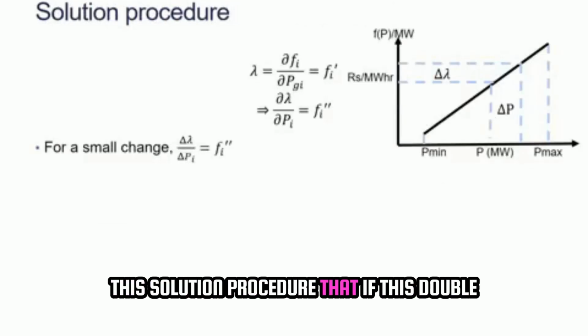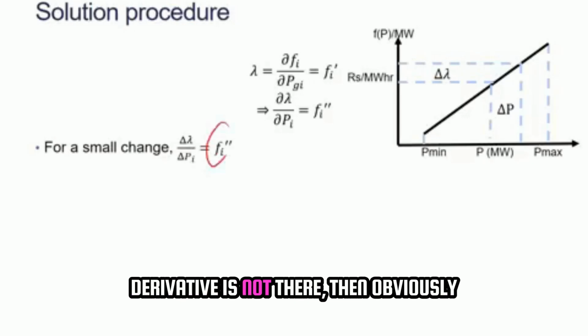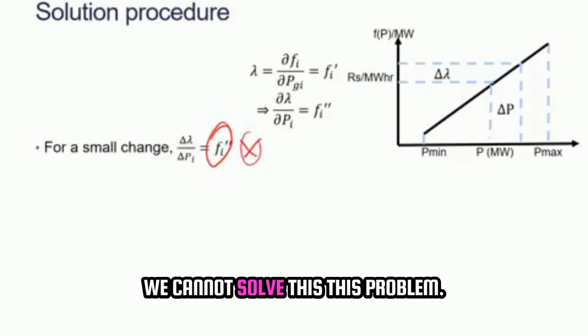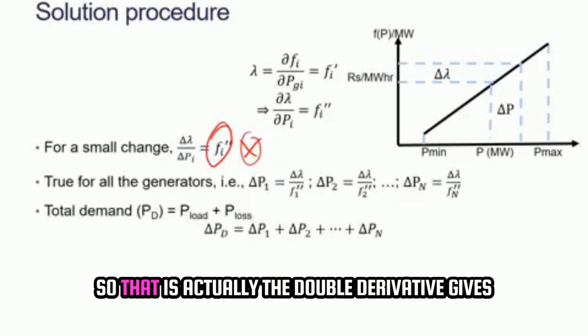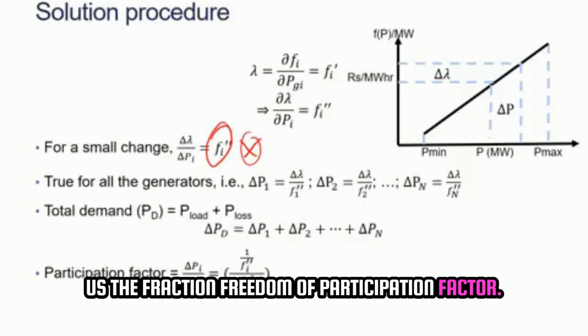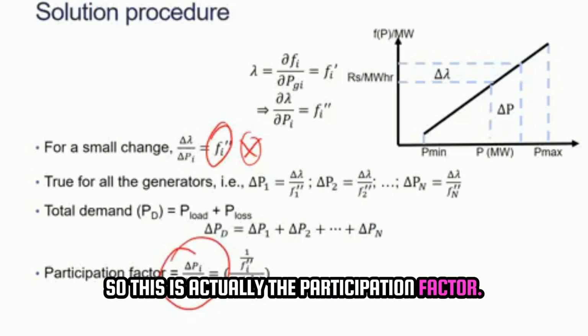So this is what we saw. Using this solution procedure, if the double derivative is not there, then obviously we cannot solve this problem. The double derivative gives us the freedom of the participation factor. So this is the participation factor.